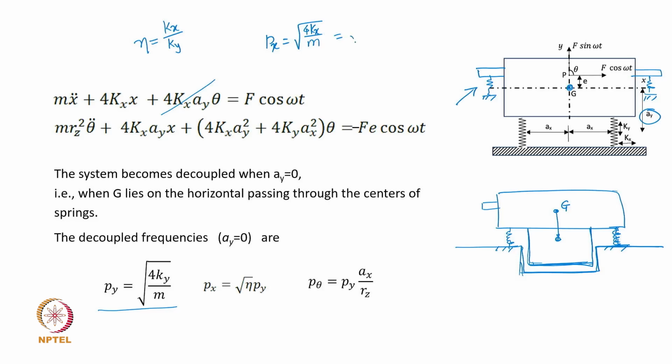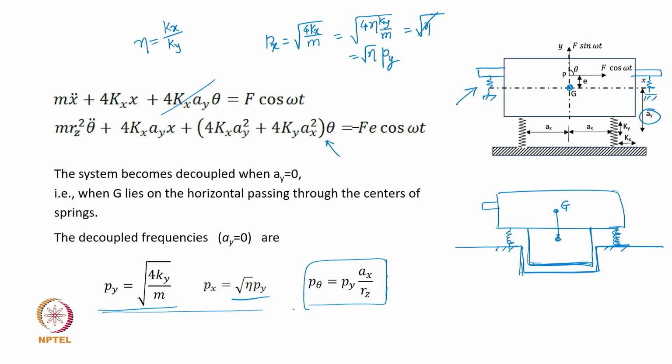So then if I substitute for that, I get 4 eta ky upon m, which is equal to square root of eta into py. That is what this is. And of course you can also show, by appropriately manipulating those terms, that p theta can be shown to be this. Okay, so these are the decoupled natural frequencies of the system.